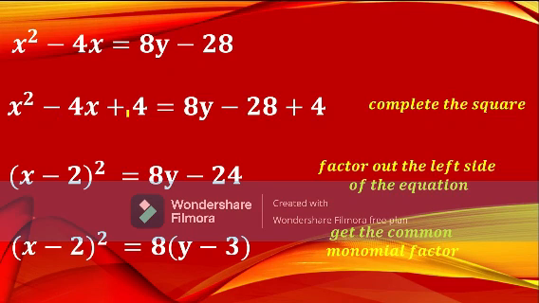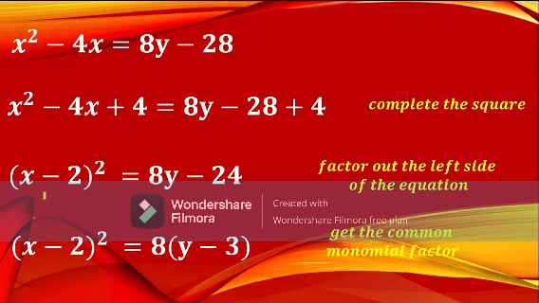This is how you're going to complete the square. Divide to get half of negative 4, which is negative 2. Square negative 2, that is positive 4. And whatever you add on this side, you will also add on the right side. So that becomes x squared minus 4x plus 4 and 8y minus 28 plus 4.